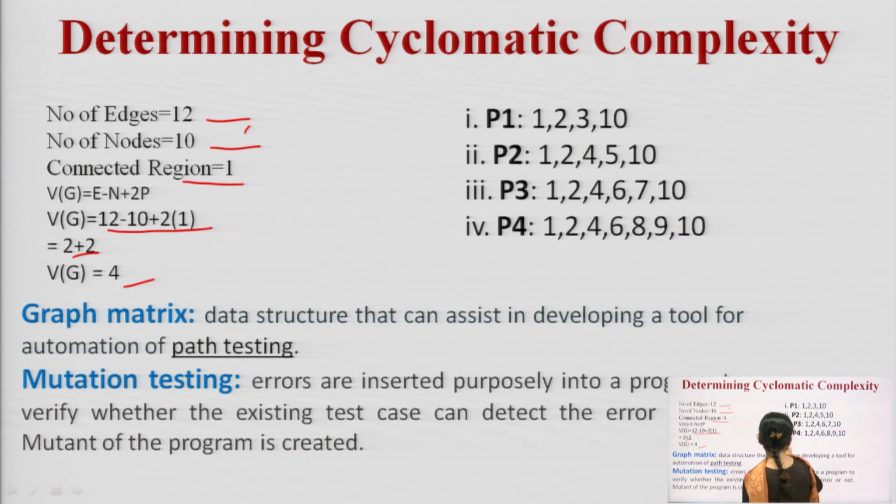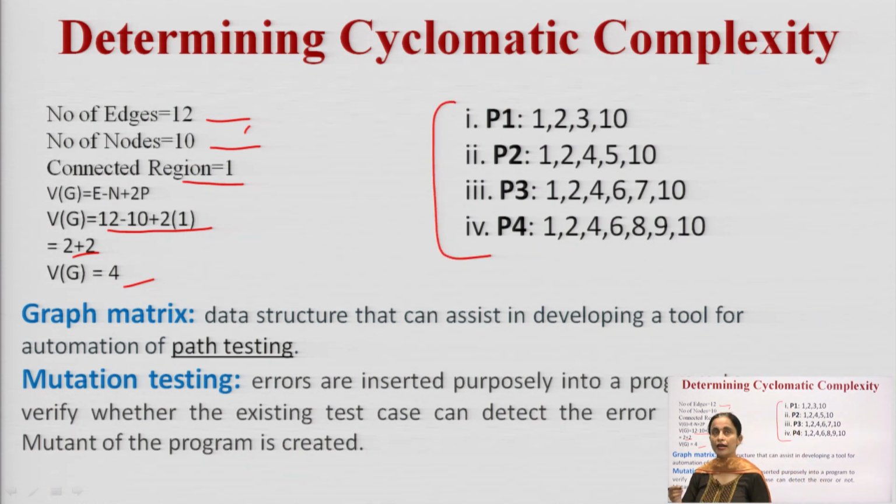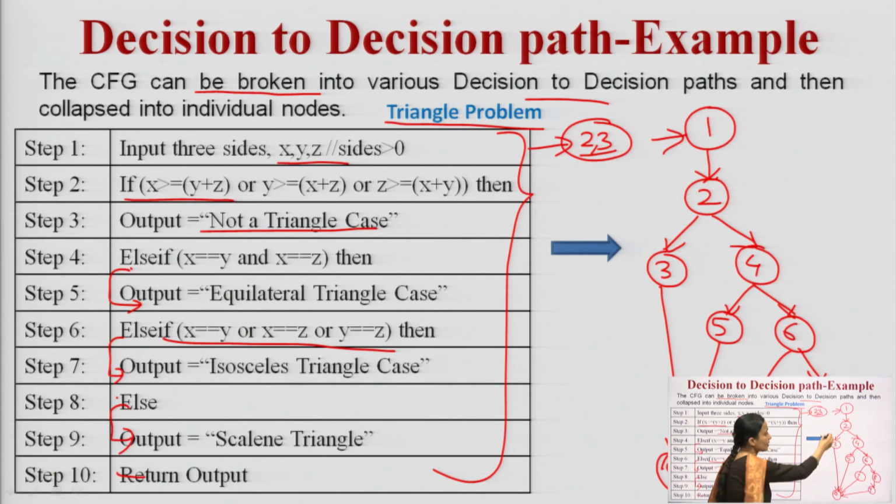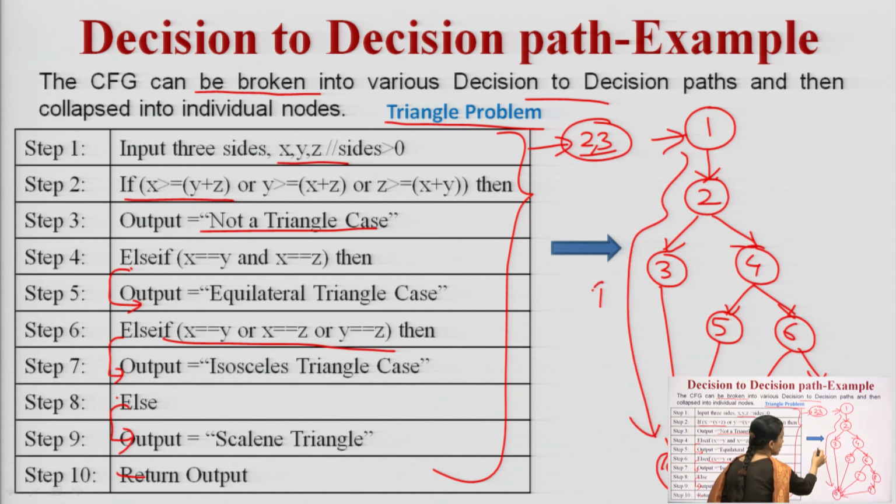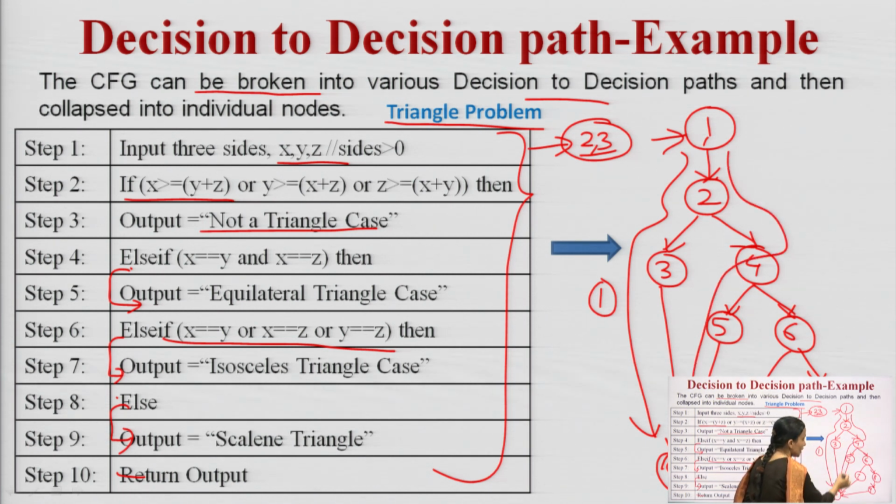The paths that my program will follow are these. Either my program will follow 1, 2, 3, 10, that is number one. Or 1, 2, 4, 5, 10, this is the second. Then 1, 2, 4, 6, 7, 10, third.